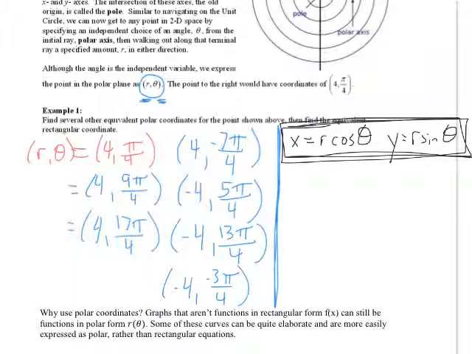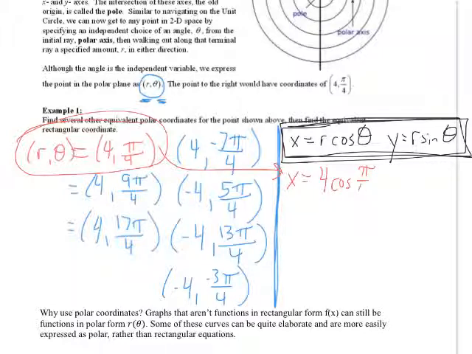So we want to convert from a polar coordinate to a rectangular coordinate. The x value is the radius times cosine of our angle, and that gives you an x coordinate of 2 root 2. Then we can do the same thing for the y coordinate. Y is equal to radius times sine of pi fourths, and we get y is also equal to 2 root 2.